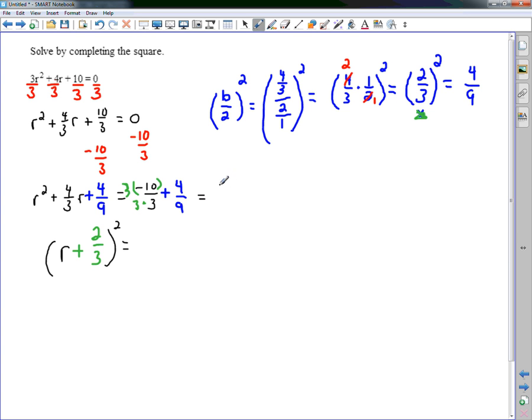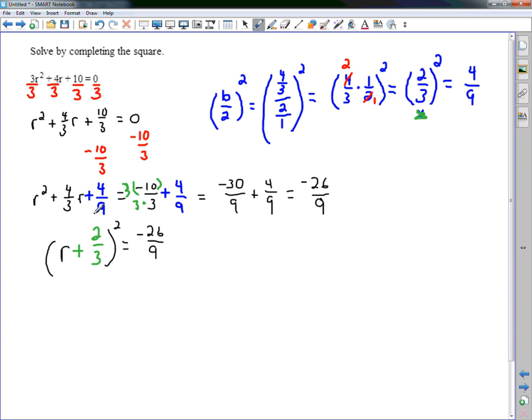So that gives me negative 30 over 9 plus 4 over 9. Negative 30 plus 4 gives me negative 26 over 9. Go ahead and check and see if that reduces. Only a 3 goes into 9, a 3 doesn't go into 26. So we have negative 26 over 9.